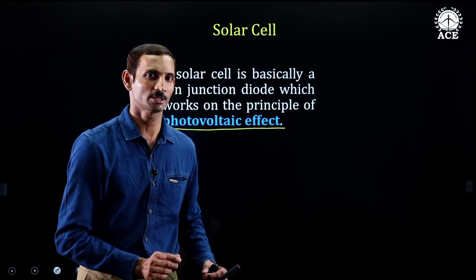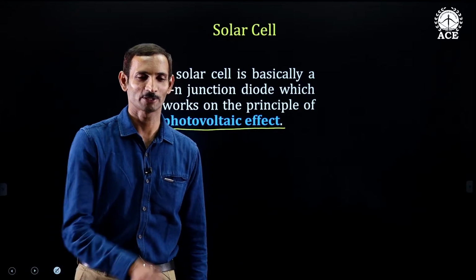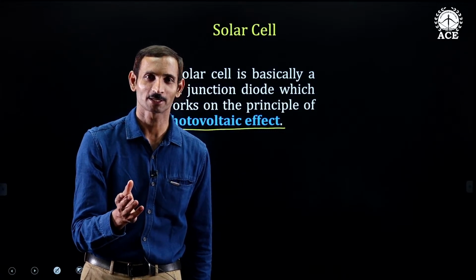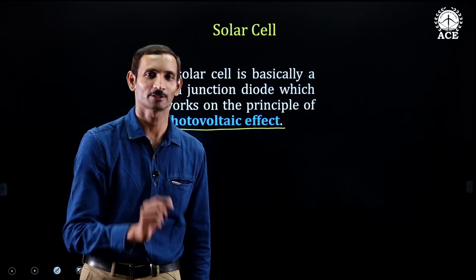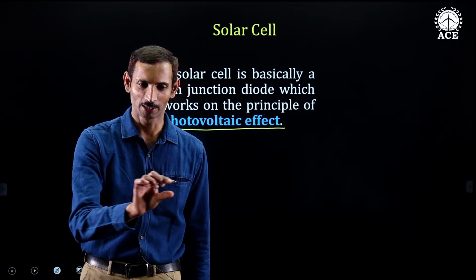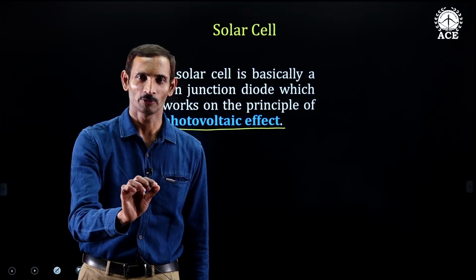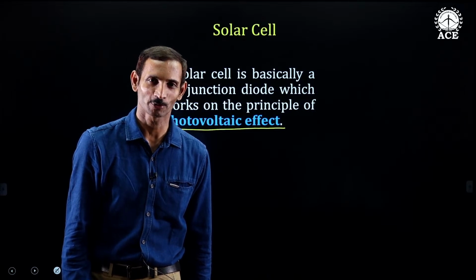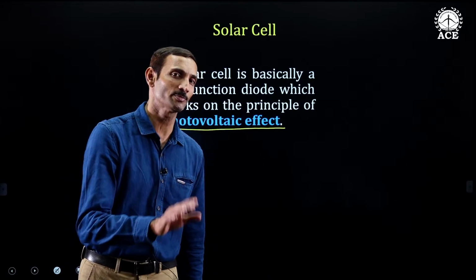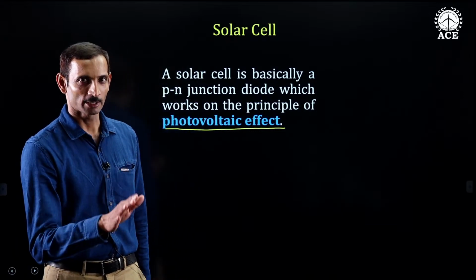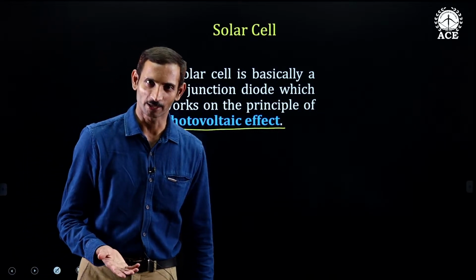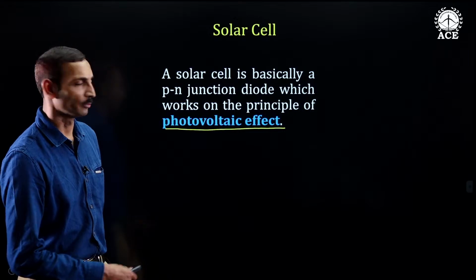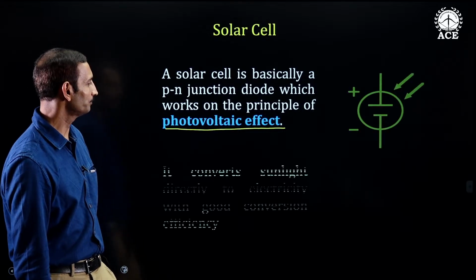If the material is replaced by a semiconductor, or a semiconductor diode, then that is considered the photovoltaic effect. So if light is made to fall on a semiconductor, that produces charge carriers. What do we call it? Photovoltaic effect.